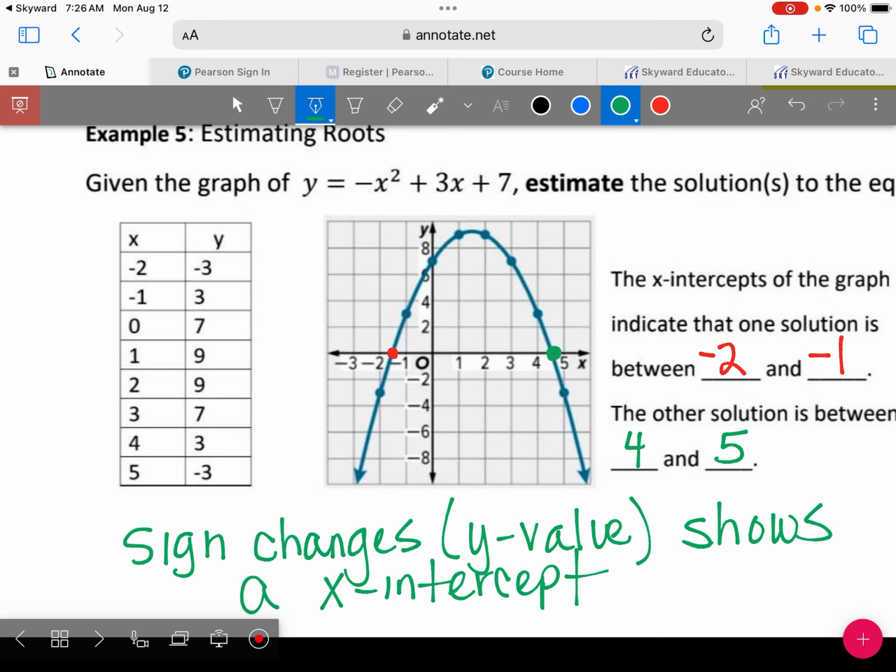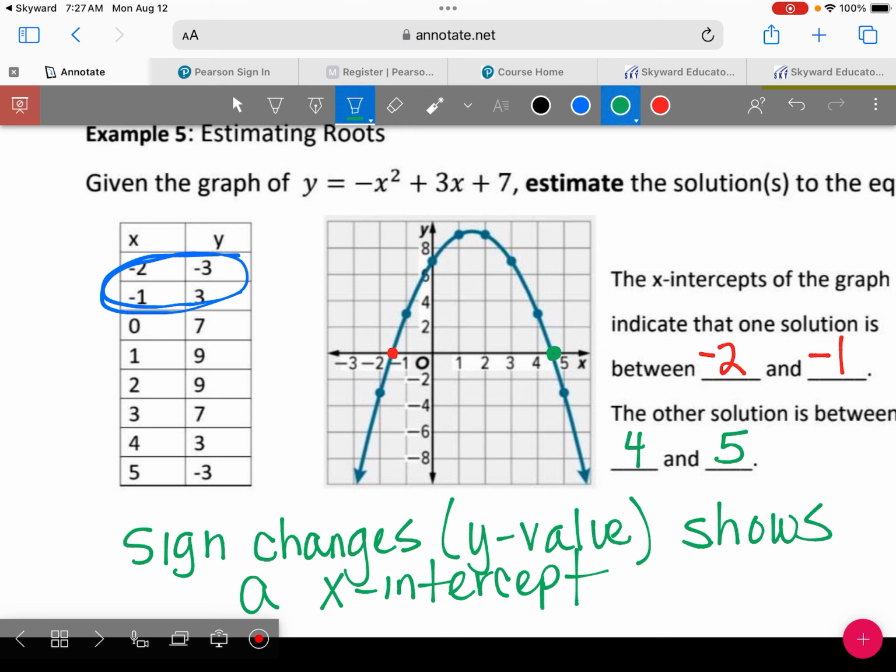So when you look at the table, this is the table that goes along with this graph. Do you see how y went from negative to positive? Right here we had a sign change. Let's go ahead and circle that. We went from a -3 to a +3.